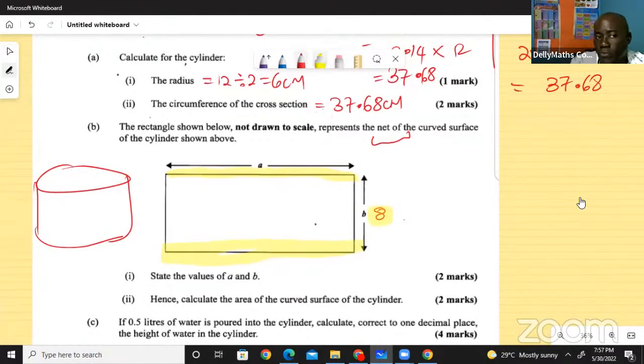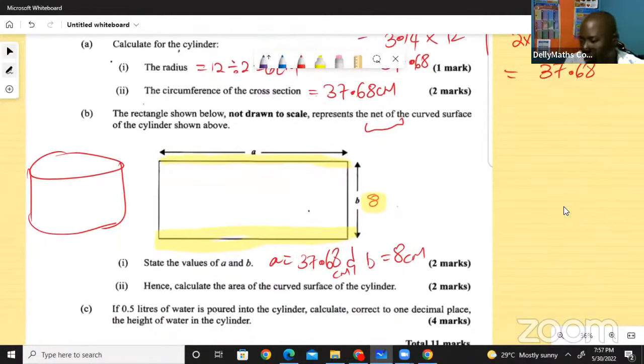So remember, we just found the circumference to be 37.68. So I'm saying A is 37.68 and B is 8, all right? I think centimeters we have there.